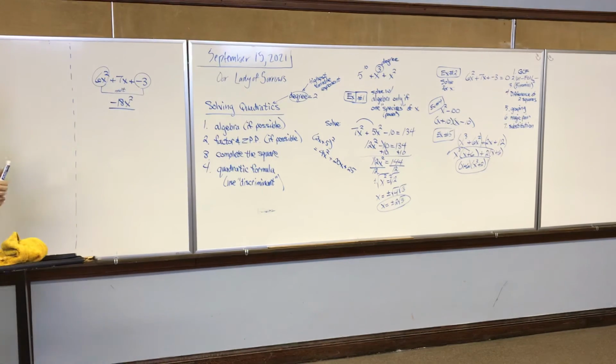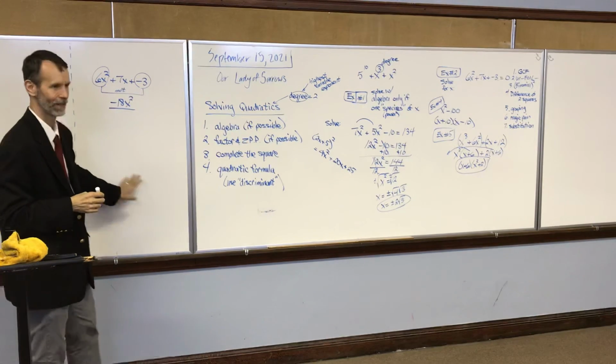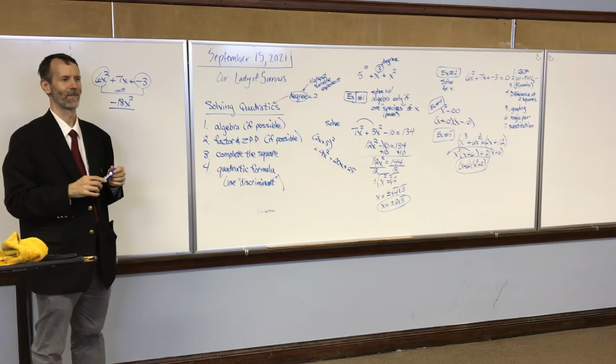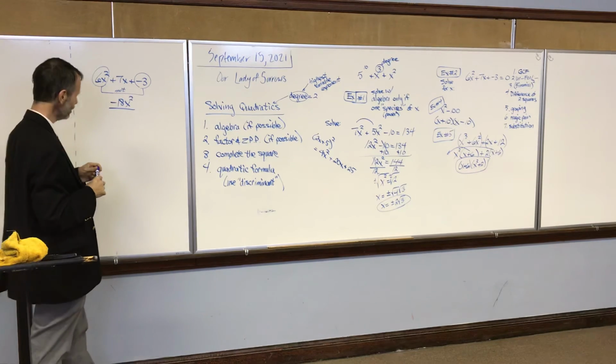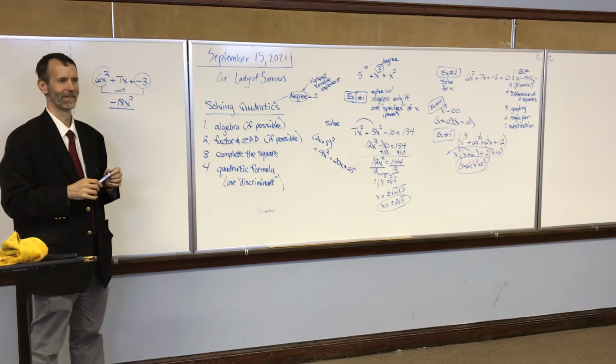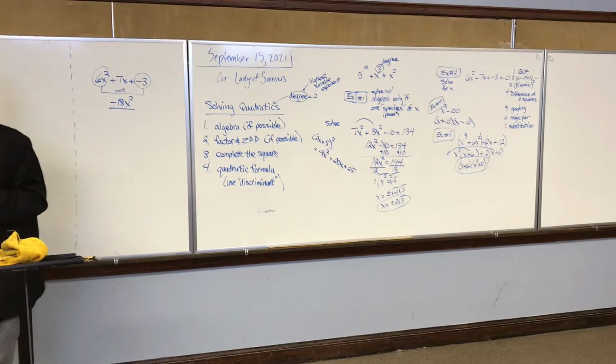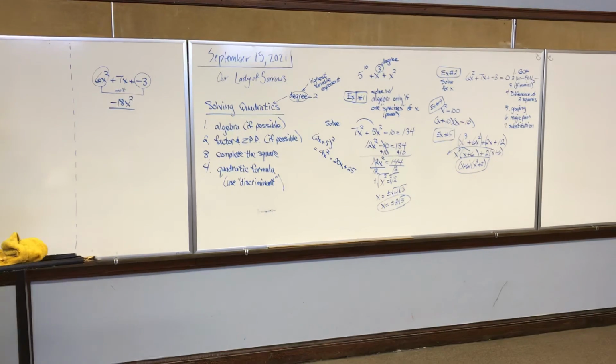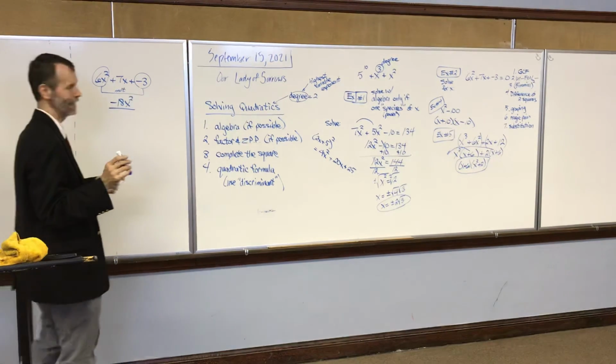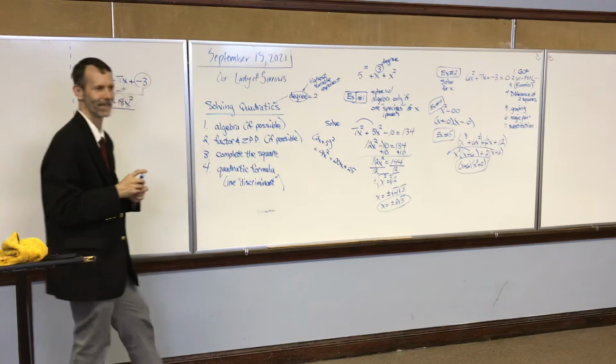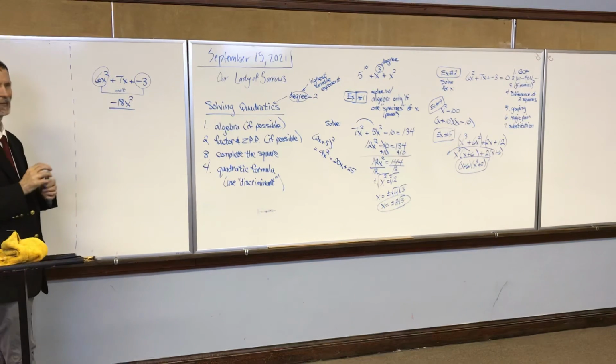What are we about to do? Magic pair. So we multiplied the first and last, got negative 18x squared.